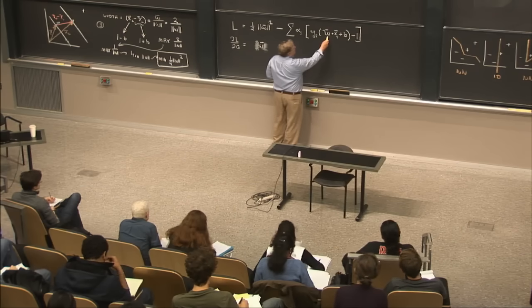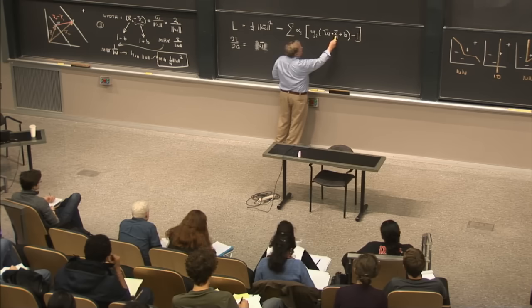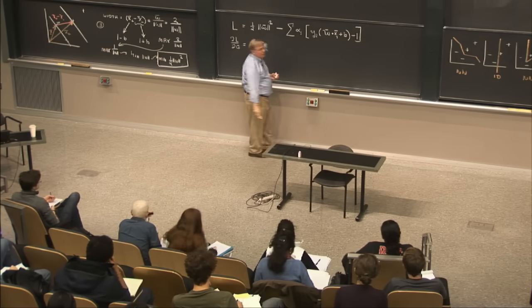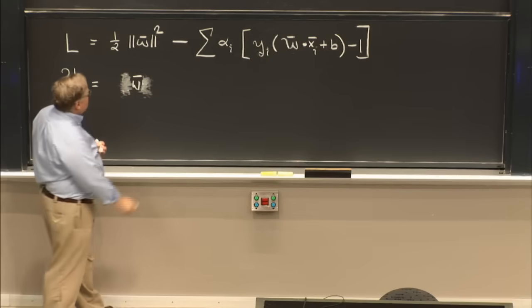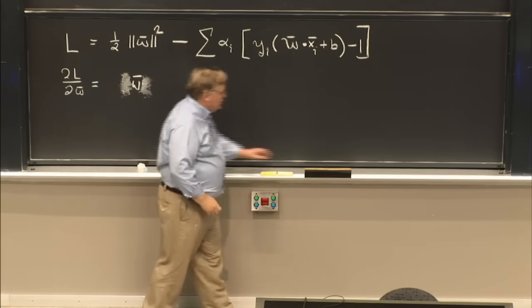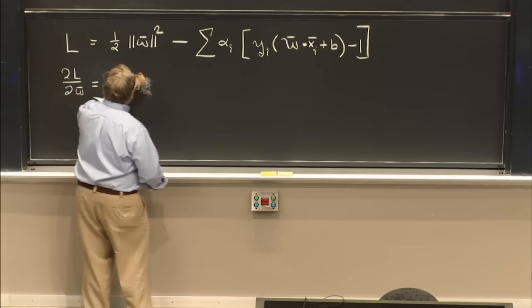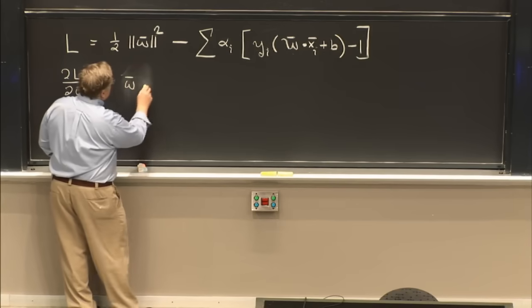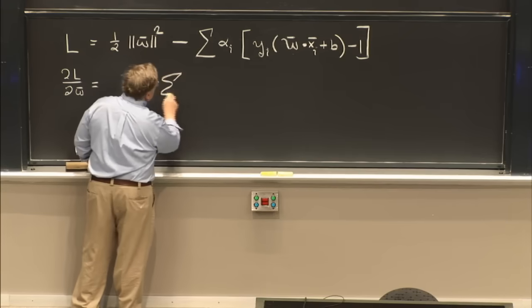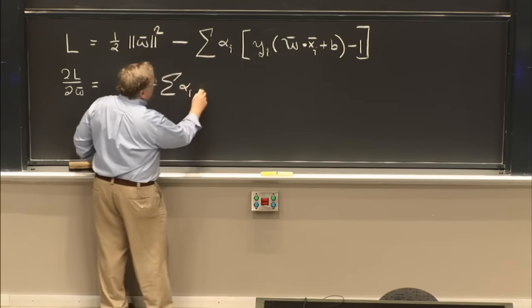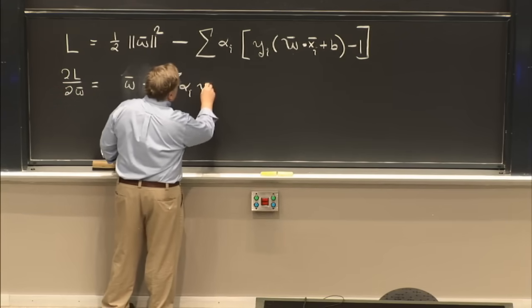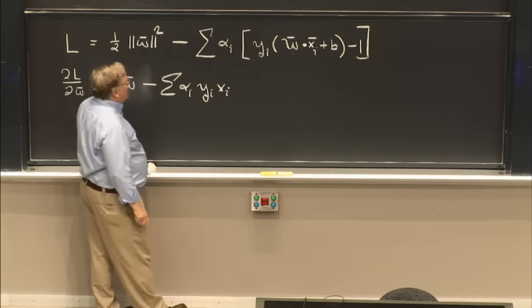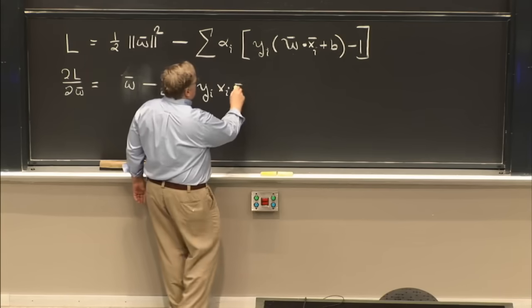So what's W multiplied by? Well, it's multiplied by X sub I and Y sub I and alpha sub I. Right? So that means that this derivative of the Lagrangian with respect to W is going to be equal to W minus the sum of alpha sub I, Y sub I, X sub I. And that's got to be set to 0.